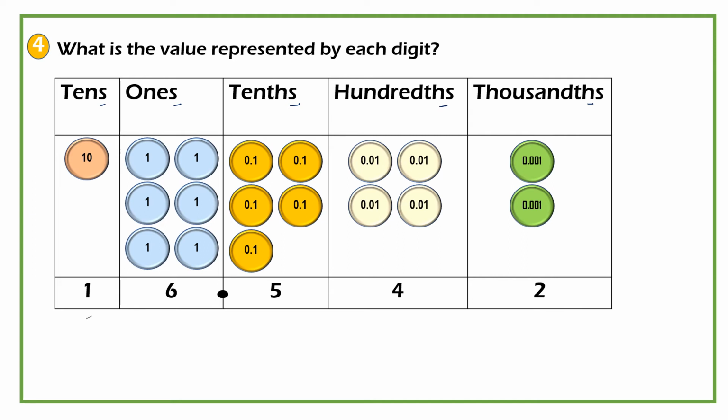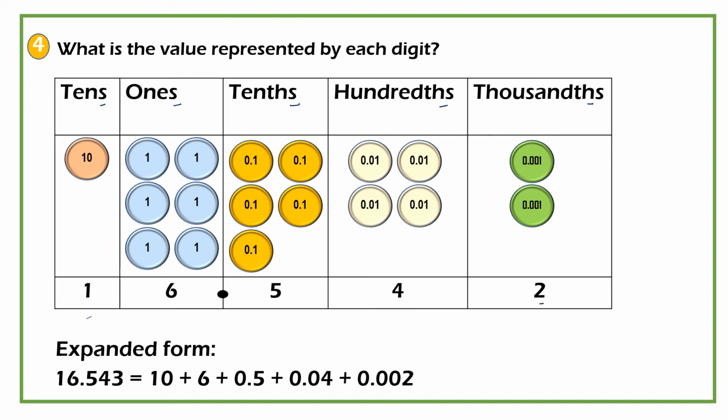We have 1 ten, we have 6 ones, we have 5 tenths, we have 4 hundredths, and 2 thousandths. Now when we talk about the value of each digit, we actually look at expanded form, whereby we have 16.542.